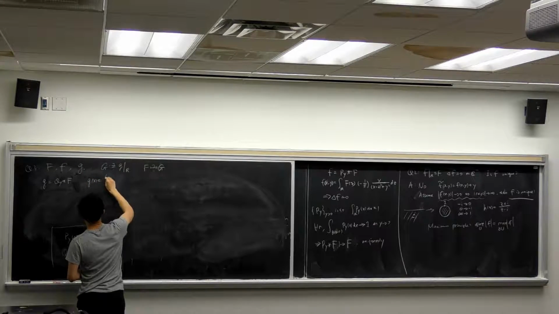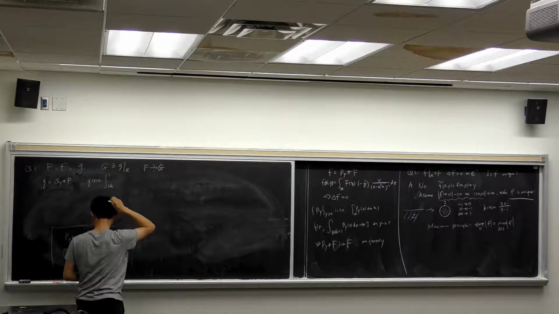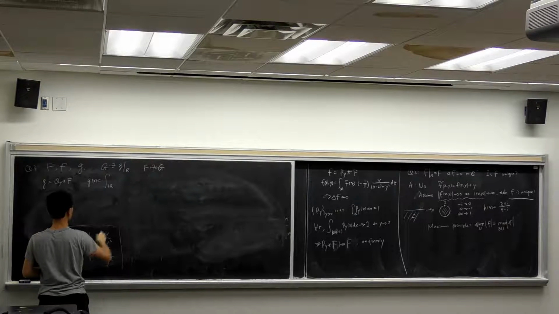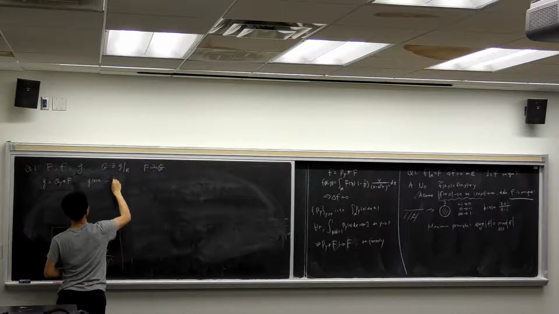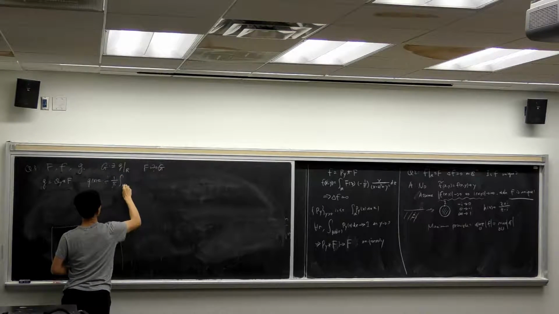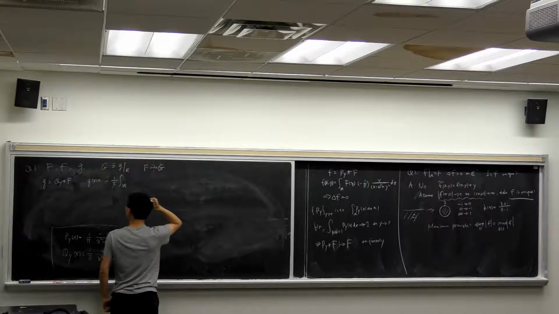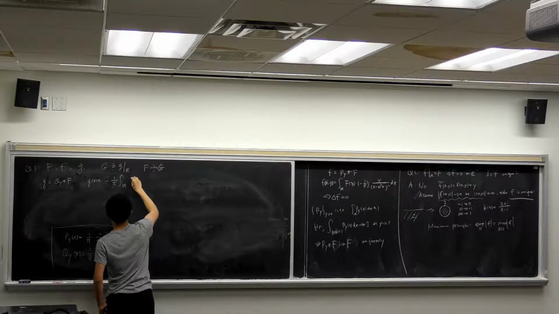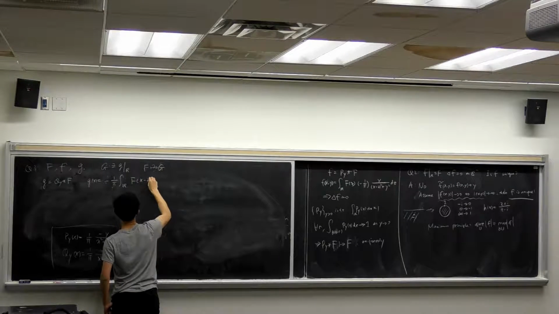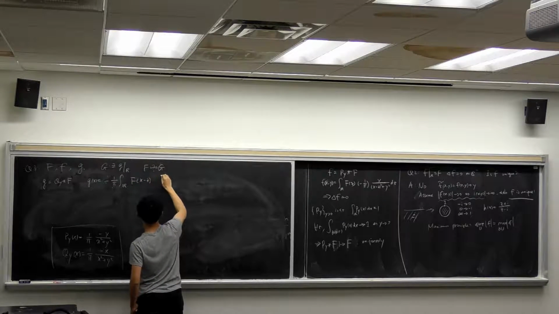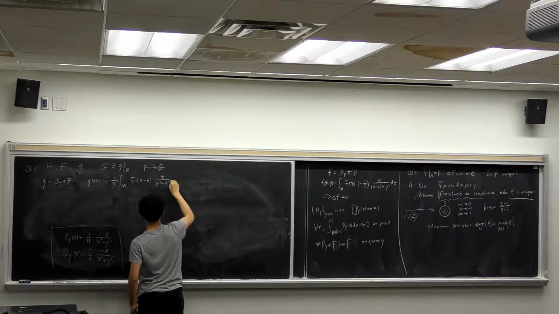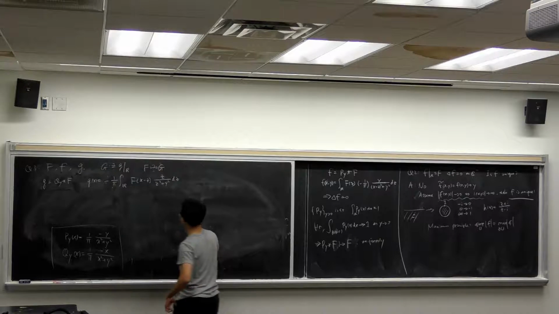So G(x) is an integral over R, of course with those constants, of F(x - c) times y over (c squared plus y squared) dc.